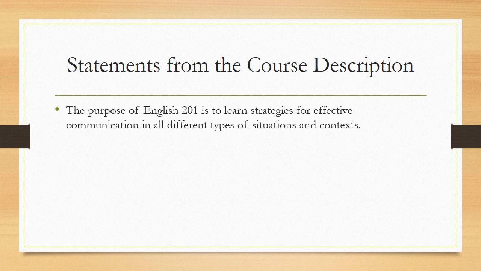The purpose of English 201 is to learn strategies for effective communication in all different types of situations and contexts. So this is my one-sentence summary. If someone said, give me one sentence, just a few seconds, tell me what English 201 is about, this is what I would say.